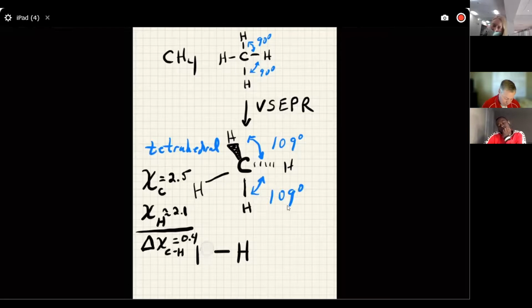Get rid of this hydrogen real quick. Now, that's not terribly big. A difference of 0.4 is relatively modest. However, it does tell us that the carbon atom, let's get black here, the carbon atom is slightly negative and the hydrogens are slightly positive.